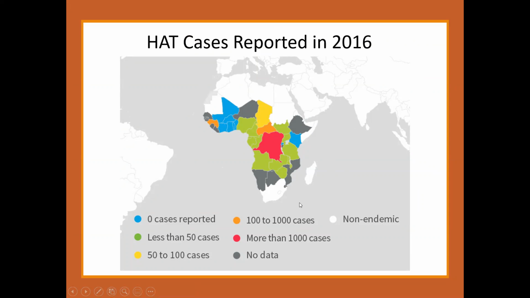This was cases reported in 2016. You see there, Central Africa still had more than 1,000 cases, but there's been about a 68% reduction in the number of cases. And so we're really working hard to eradicate this one as well.